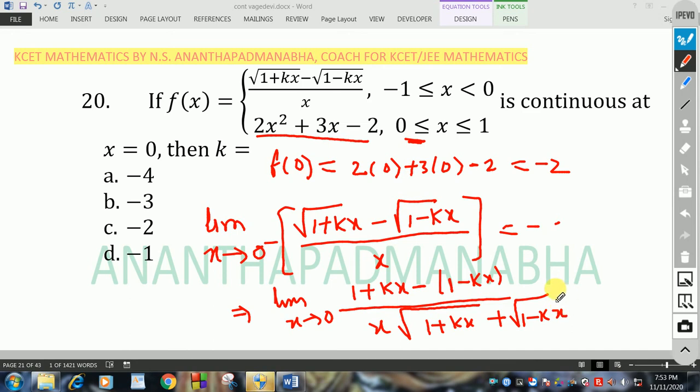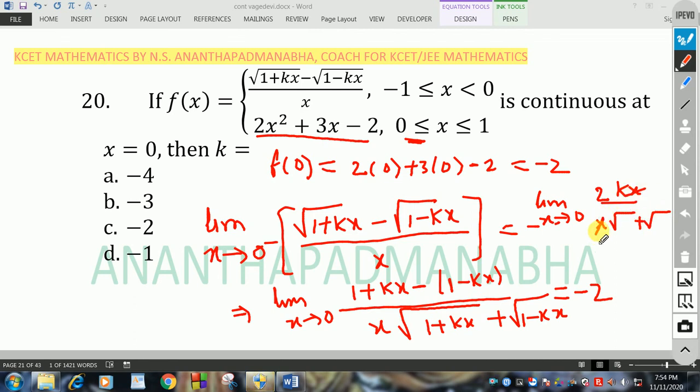So this is equal to minus 2, and now this plus kx minus into minus is plus kx again, so 2kx, 1 and 1 will be eliminated. So you will get limit as x tends to 0 of 2kx in the numerator. In the denominator, x into root of 1 plus kx plus root of 1 minus kx.